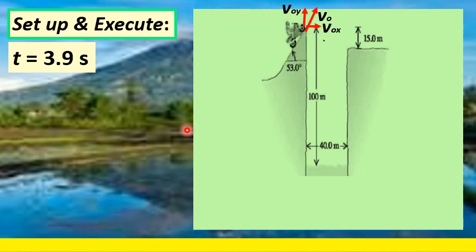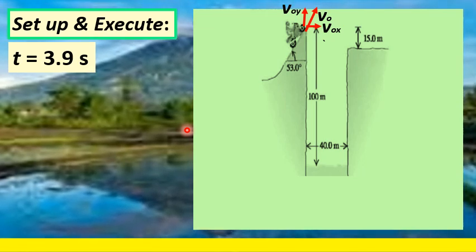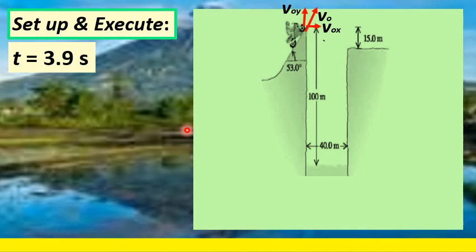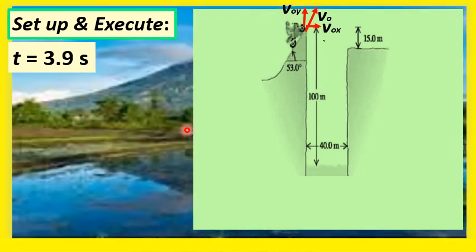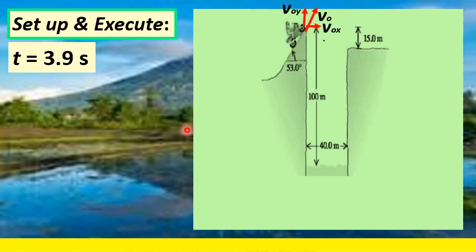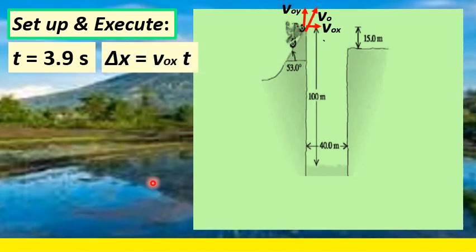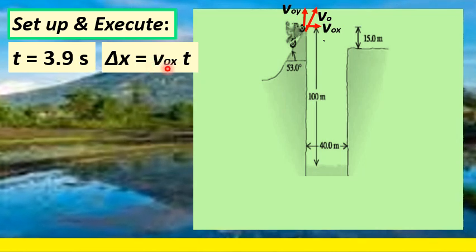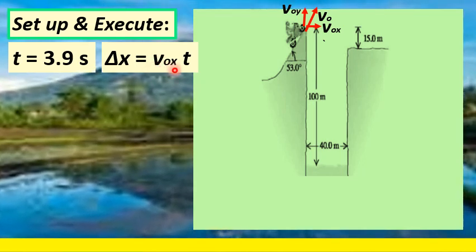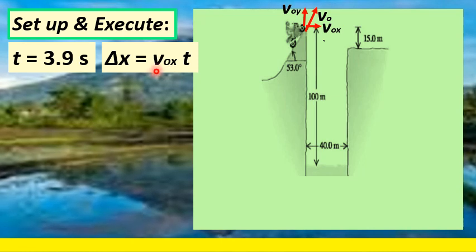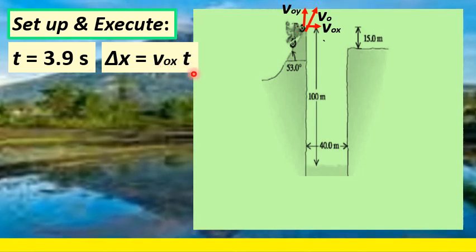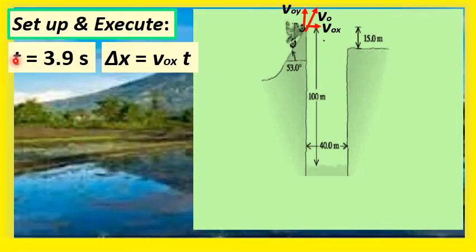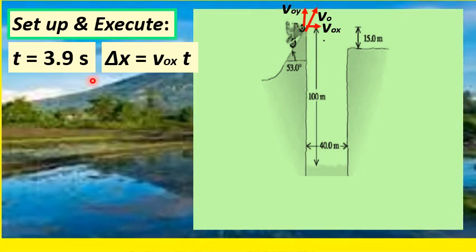We can compute the delta x, or the point where the landing of the cyclist is, and this is determined by just using the formula delta x equals v naught x, the x component of the initial speed, multiplied by the time t, since we already have the value for the time t, 3.9 seconds.